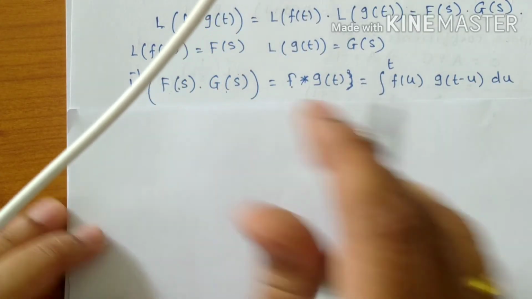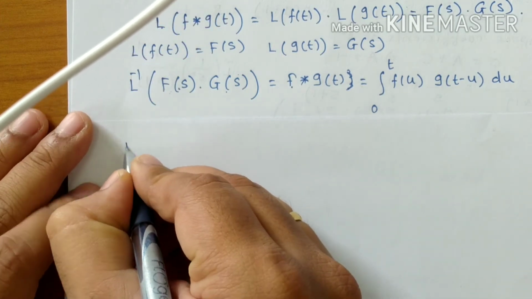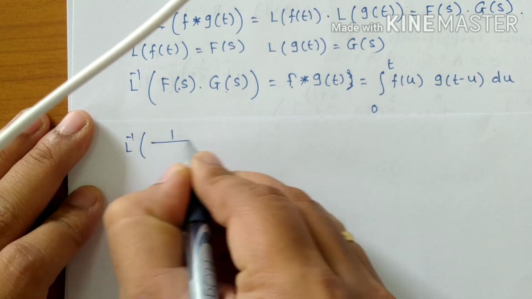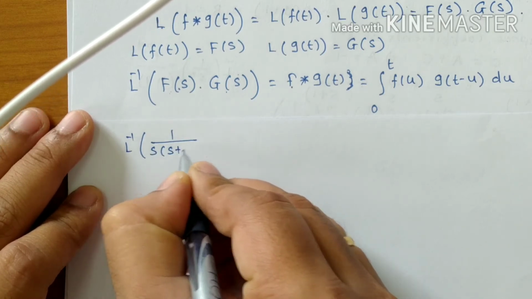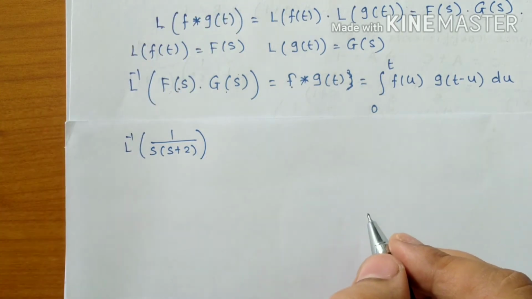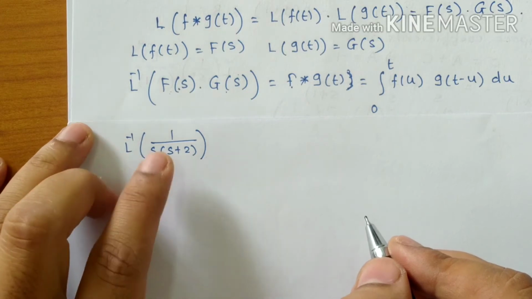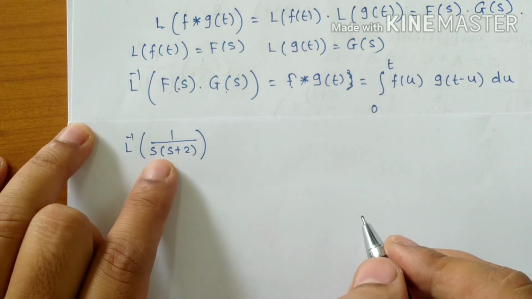Okay, we will now solve some simple examples. First, find the inverse Laplace transform of 1 upon s into s plus 2. We have to solve this problem by using the convolution theorem.